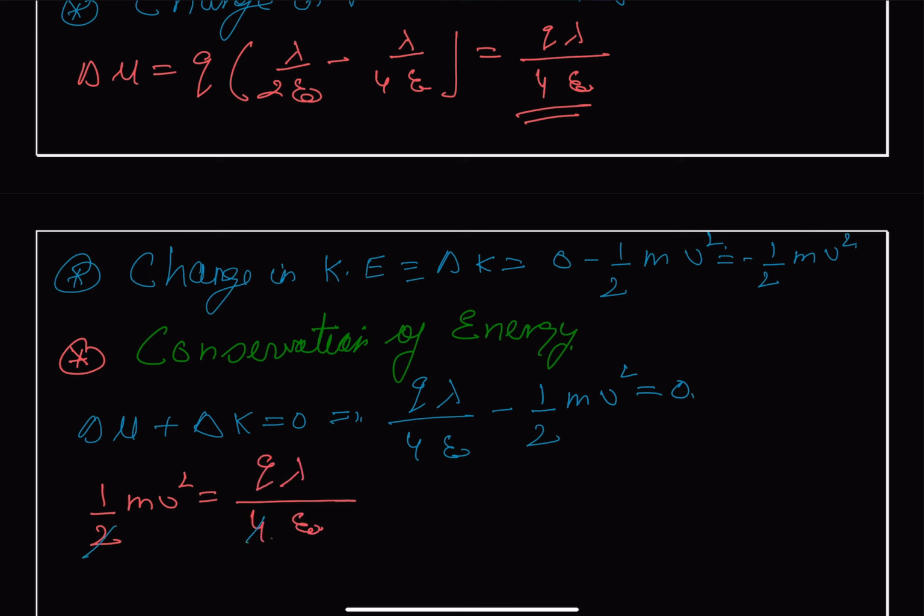This 4 goes by 2, and we can say that our velocity v will be equal to the square root of Q lambda upon 2 m epsilon naught. So this is the smallest speed that is required.